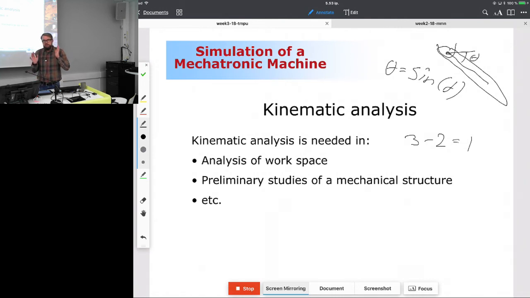That's one additional constraint, so then I have 3 constraint equations and 3 unknowns. Remember that generalized coordinates are the unknowns. Those are what we want to solve for because they tell us the configuration of the system. We have all the information because we have 3 equations and 3 unknowns.